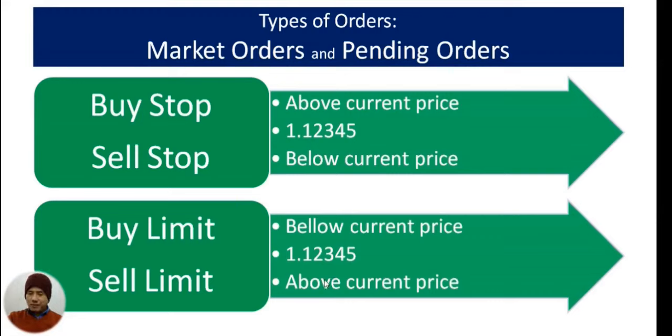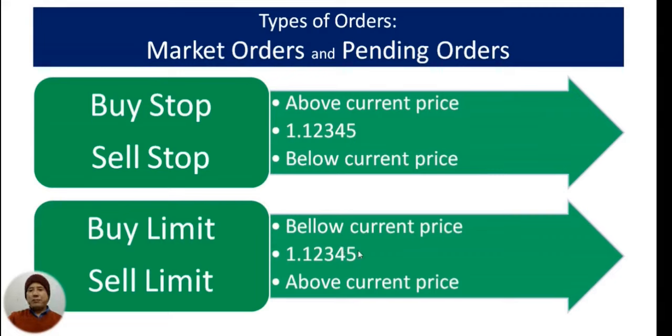The moment it reaches a specific level, at that point you place a buy order. And vice versa with the sell limit: when the price goes a little bit higher than this, your sell orders will be executed, or hopefully the market reverses back. These are the types of orders you can practice on a demo account, guys. It's very simple, it will take only 4 or 5 minutes to understand.